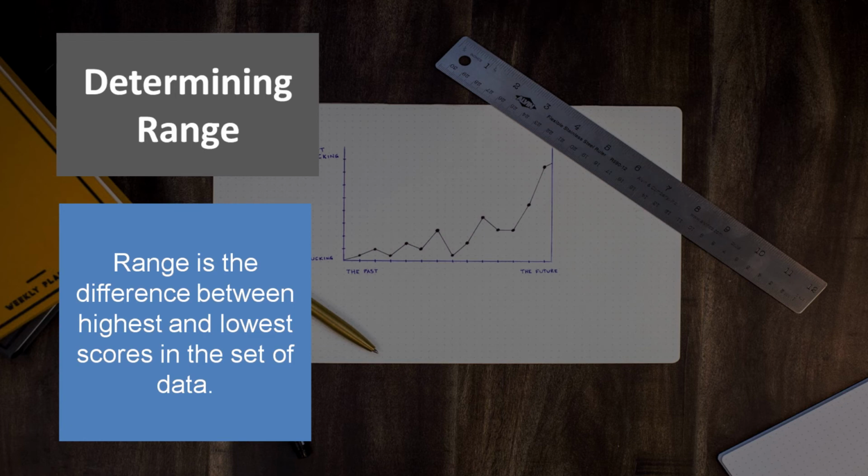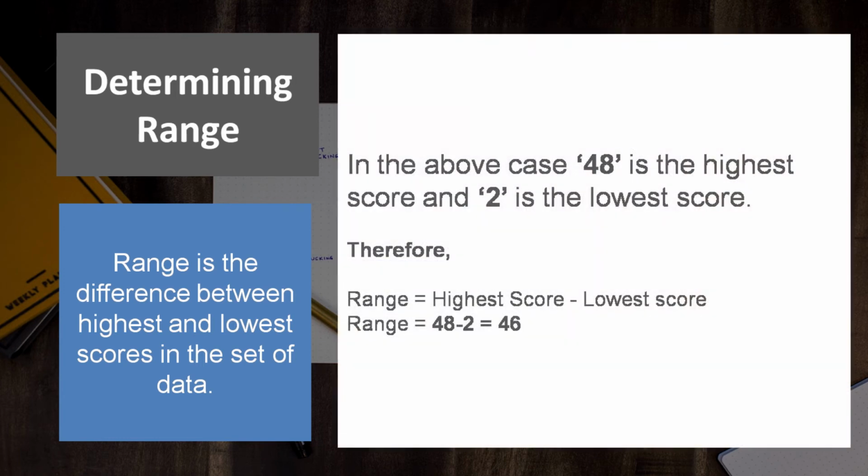Just like here in the above case, 30 scores are there. 48 is the highest score and 2 is the lowest score. So what will be the range?